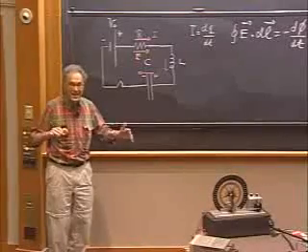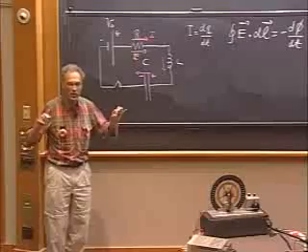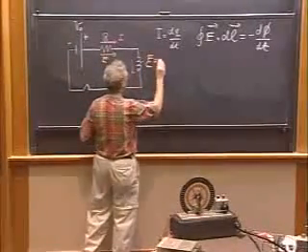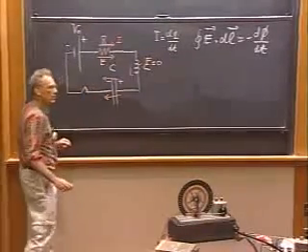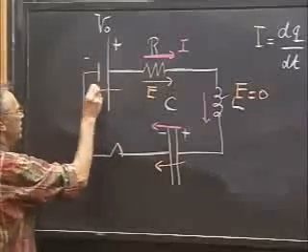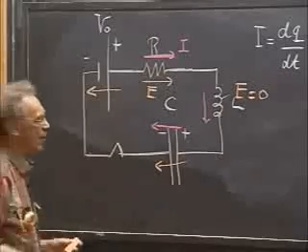Unlike what many EE people think, there is never any electric field inside a self-inductor. So the E here is 0. This is plus and this is minus, so the electric field is in this direction. This is plus and this is minus, and so the electric field is opposing me if I go around clockwise.